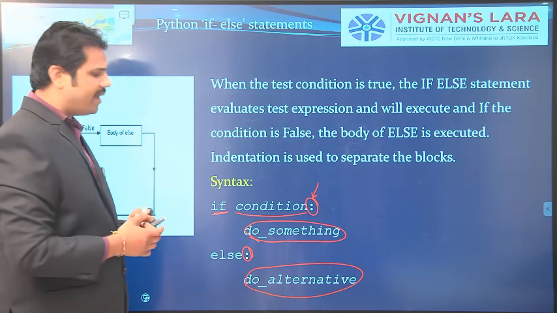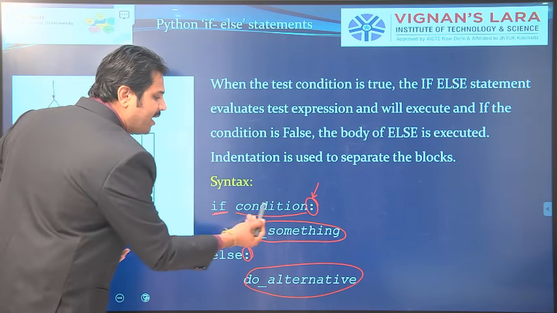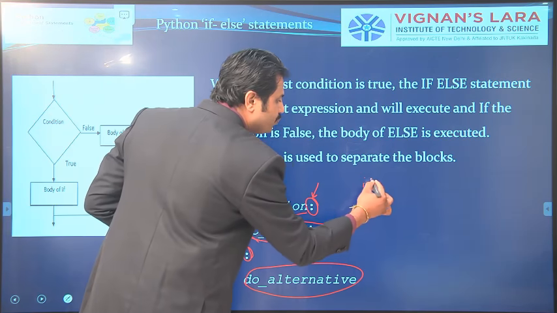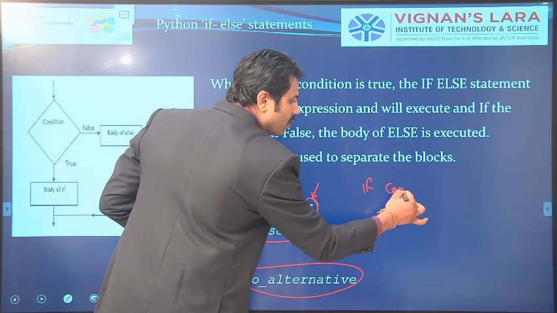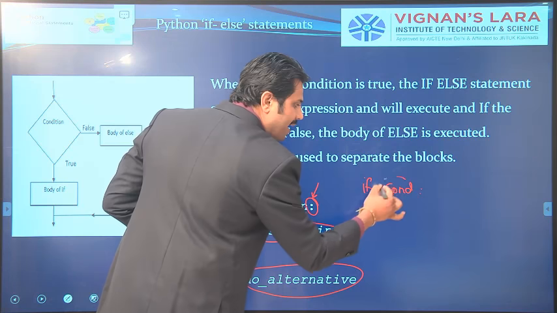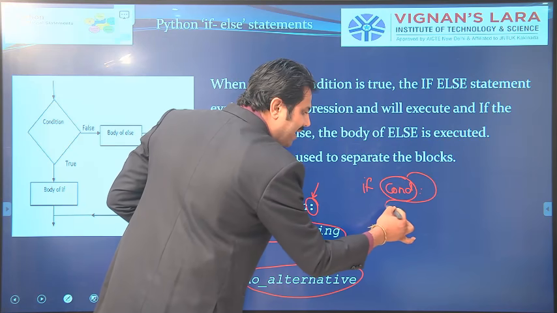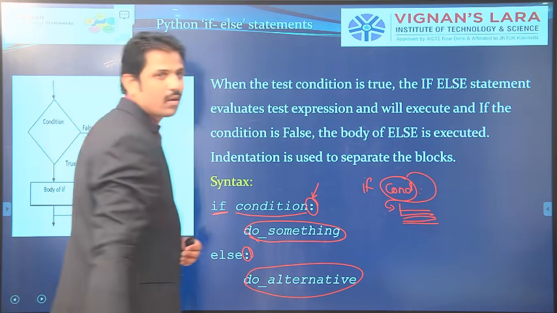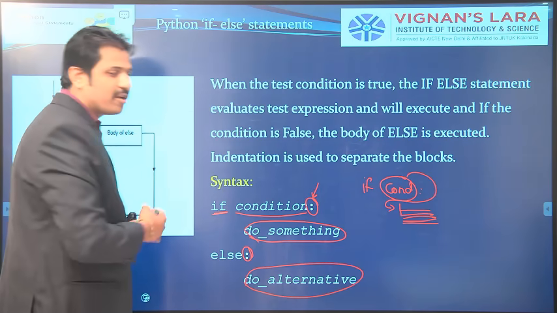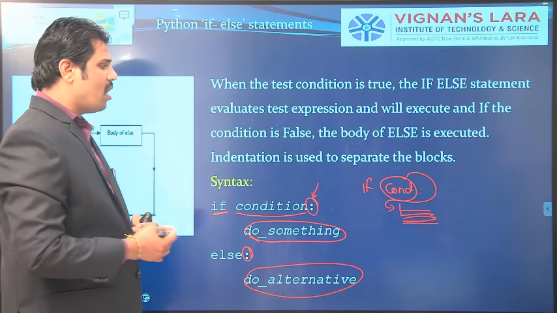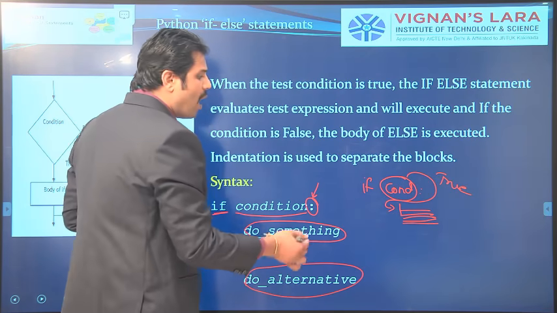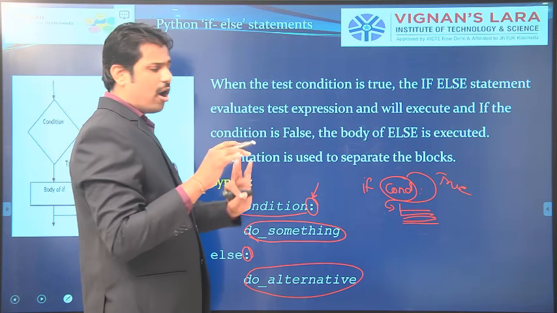So what happened here? If the condition is true, then it executes the if block. So that is the true case. What happens if the condition is false?